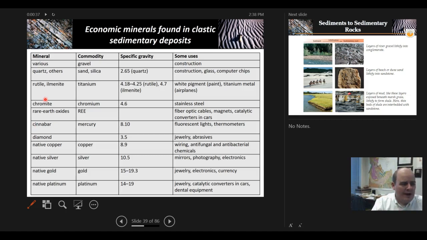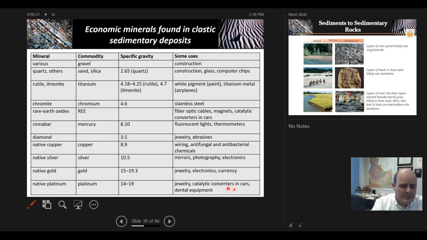Chromite is a heavy metal that we can mine for chromium, which we use for stainless steel. Rare earth oxides, we talked about when we talked about phones, can be used for fiber optic cables, magnets, and lots of electronics. Diamonds, copper, gold, and platinum are all heavy metals that can often be extracted from sand deposits where they will be concentrated, right?